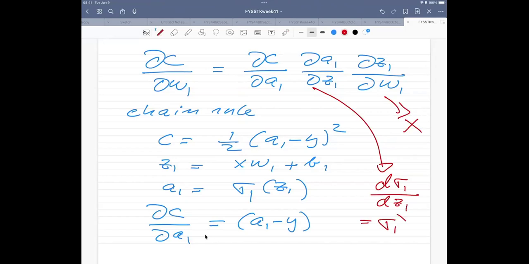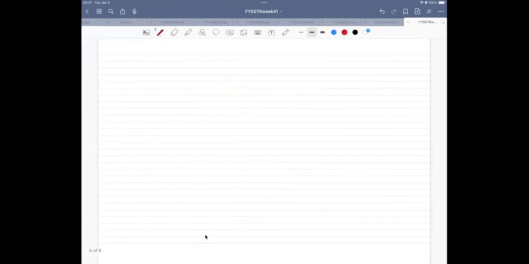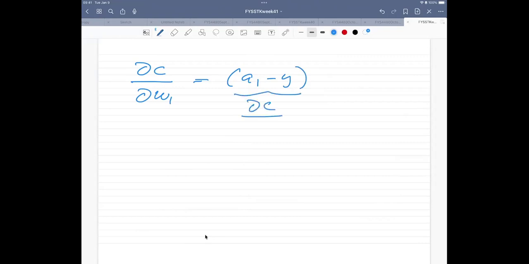Another thing you will see when we bring all these terms together: dC/dW1 is going to be equal to A1 minus Y, which is the same as dC/dA1.